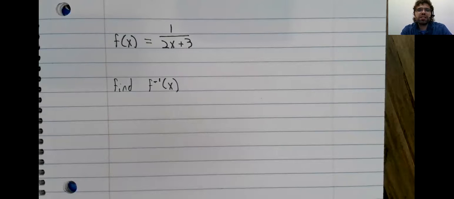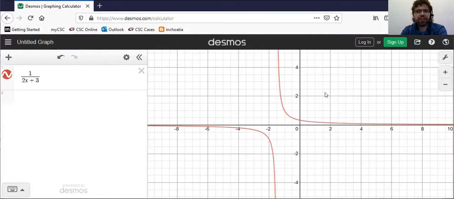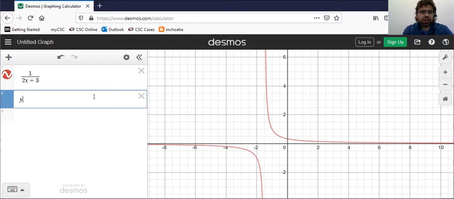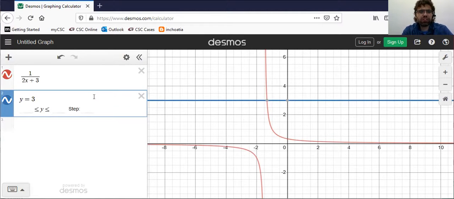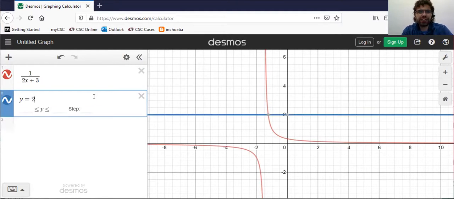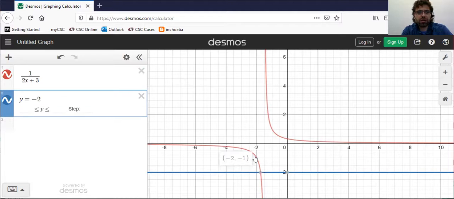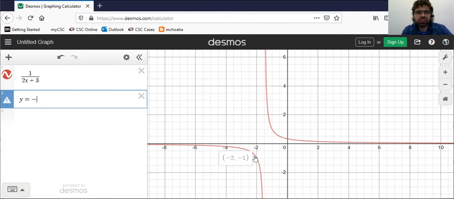If we take a look at Desmos.com and the graph of this function, it does pass the horizontal line test. Any of these horizontal lines only touch the red curve once.